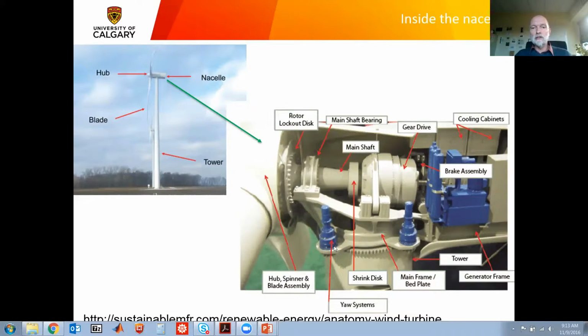If you look closely, you can see I'm moving the cursor over the mechanism that does the change in what it's called yawing of the wind turbine. You can see my cursor's just disappeared. There it is again. You can see what's called a pinion gear on the outside.